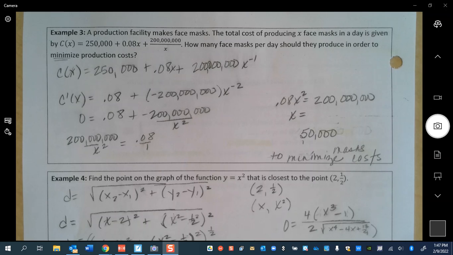So remember when we thought about that? It matters. So that everybody who's looking at your work can understand, here's my initial equation, here's where I took the derivative of it, here's where I set the derivative equal to 0, and then here's where I solved for x. I did a proportion with cross products to get my x out of the denominator.